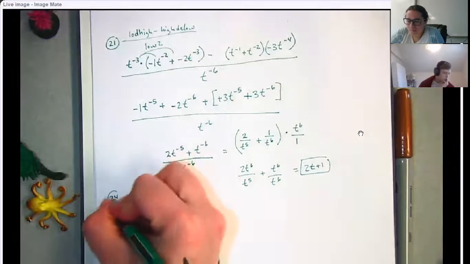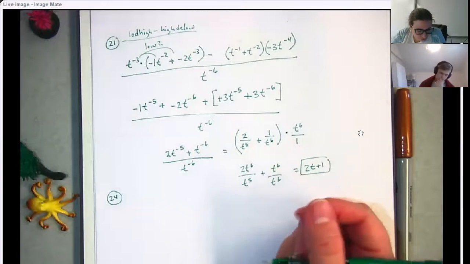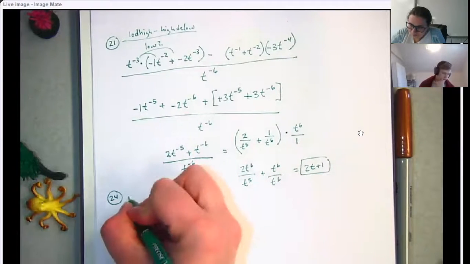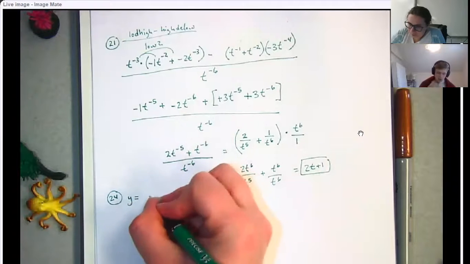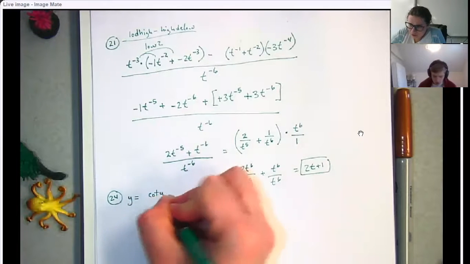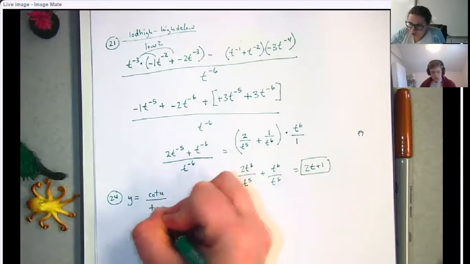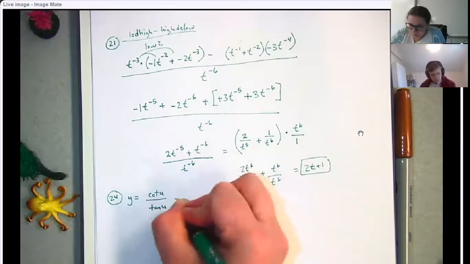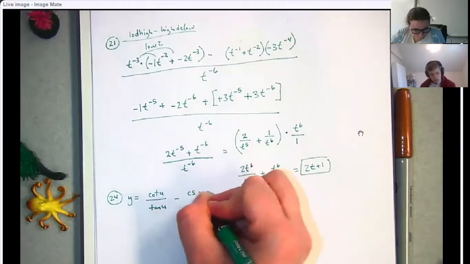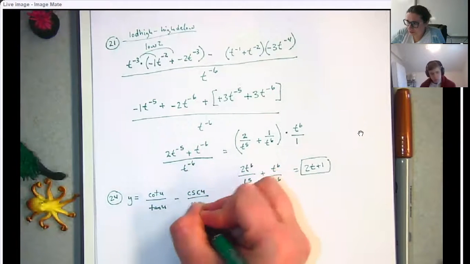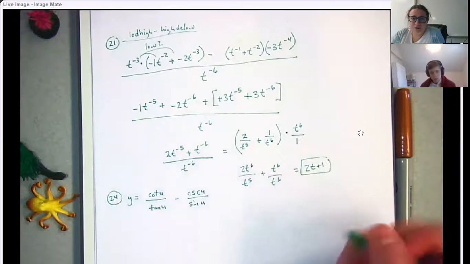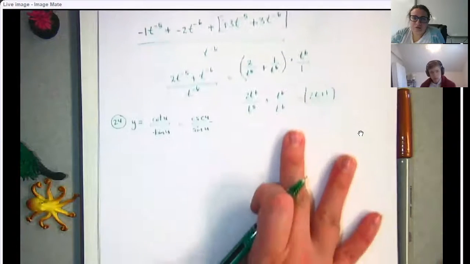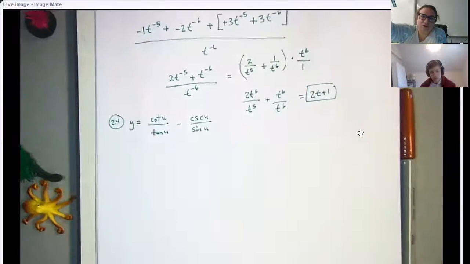All right, interesting. 24. Y equals cotangent u over tangent u minus cosecant u over sine u. I think we should just use trig stuff first before we start doing the derivative.